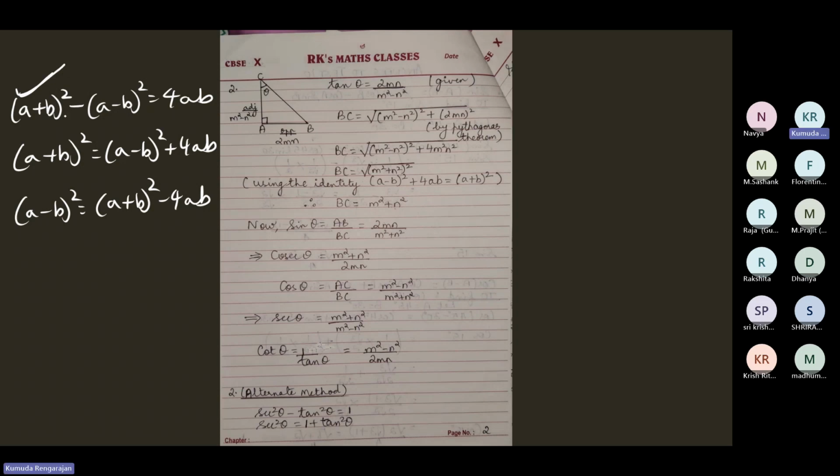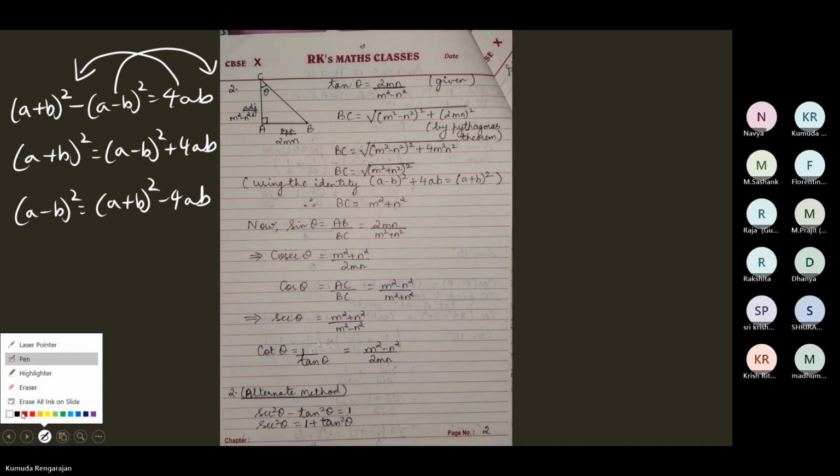Now a plus b the whole square will be, take this to the other side, a minus b the whole square plus 4ab. To find a minus b the whole square, take this to the right hand side. So we have a minus b the whole square is equal to a plus b the whole square minus 4ab. Okay.